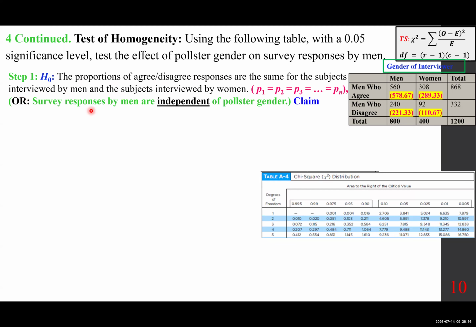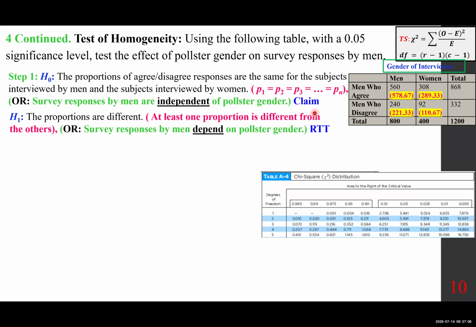Or survey responses by men are independent of pollster gender. That is a shorthand explanation, and that's the claim. The alternative: the proportions are different, or at least one proportion is different from the others, or survey responses by men depend on pollster gender, and it's a right-tail test. Again, there are different ways of writing it. I just want to make sure that you're exposed to those.